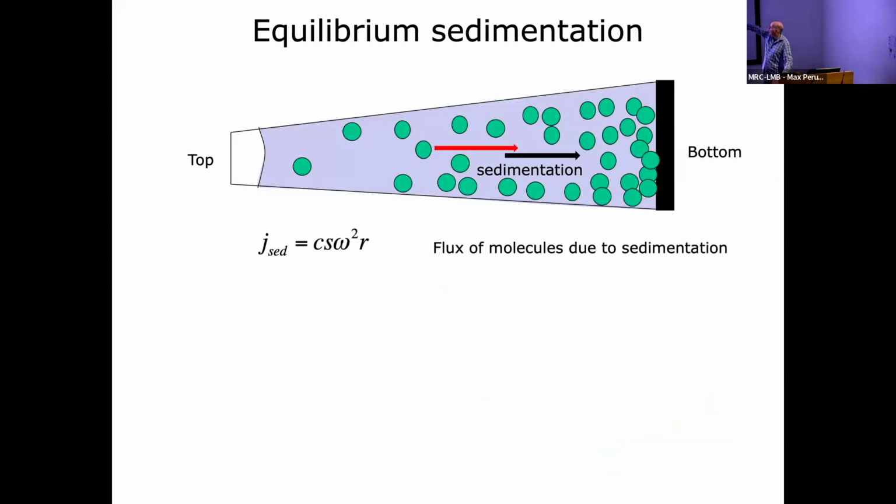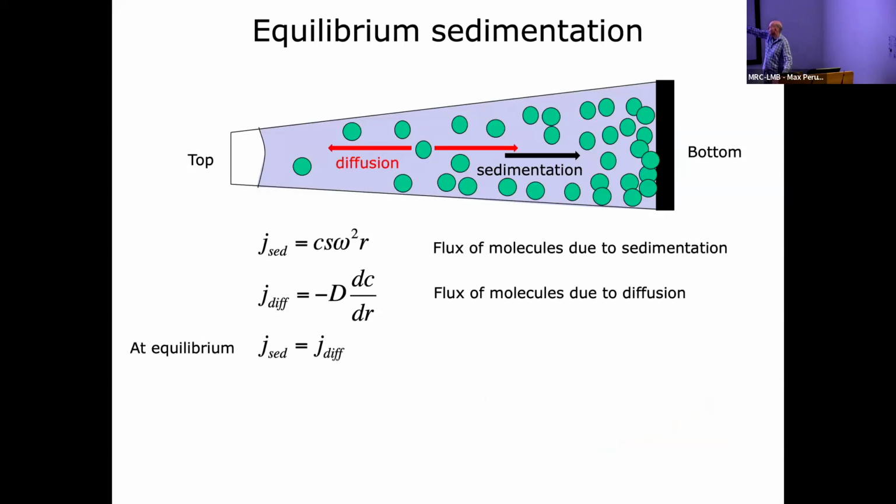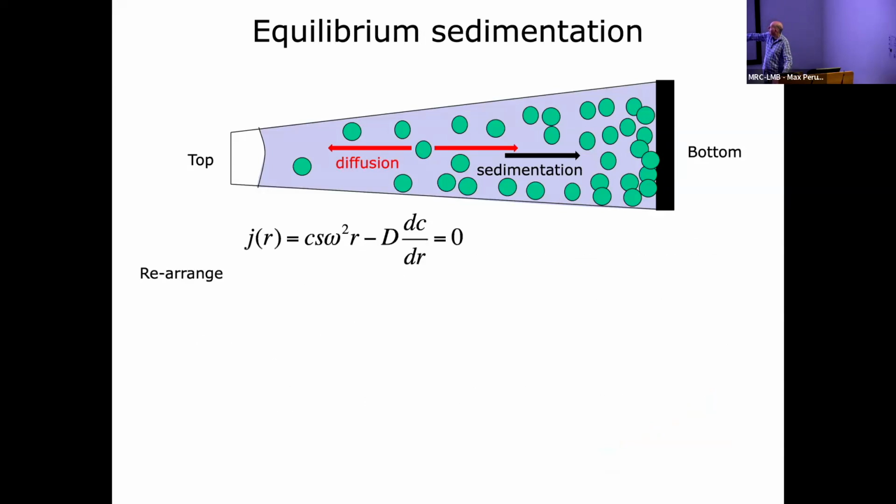So again, when we think about the fluxes, we've got sedimentation, and then it's opposed by the diffusion backwards. They must equal each other because of equilibrium. Let's look at the flux at the overall point at R, then rearrange.